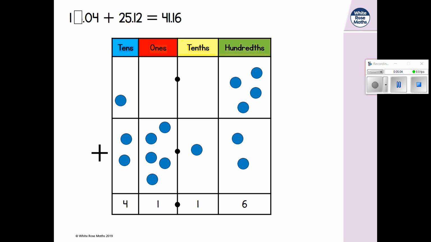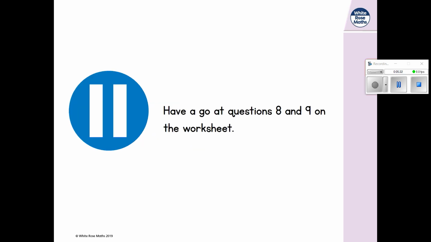So to be left with 1 one, we need to add 6 ones. Now we can exchange 10 ones for 1 ten. So the missing digit was 6. Pause the video here and have a go at questions 8 and 9 on the worksheet.